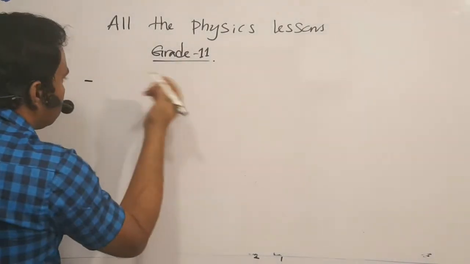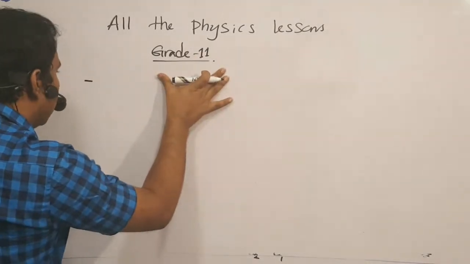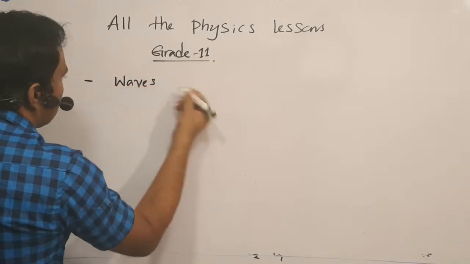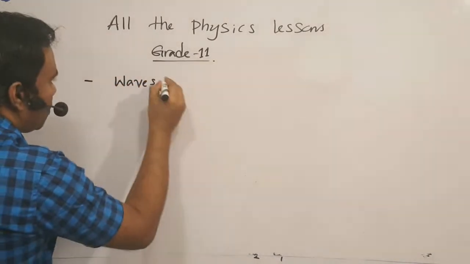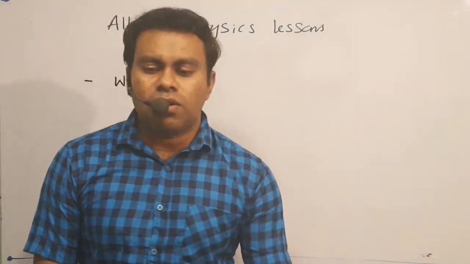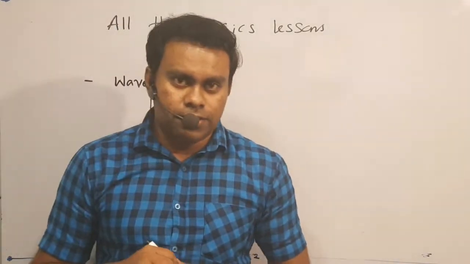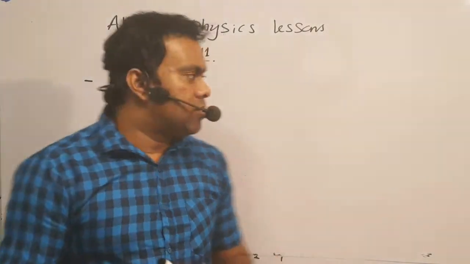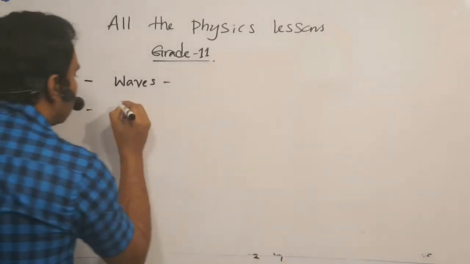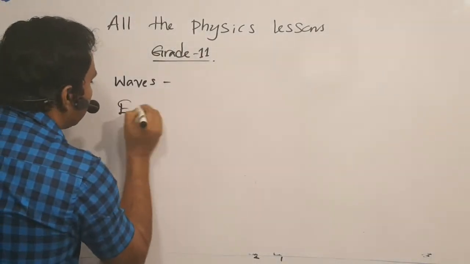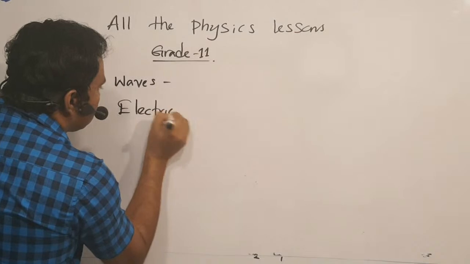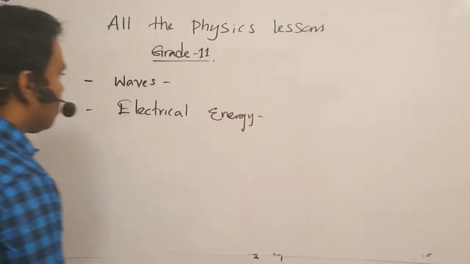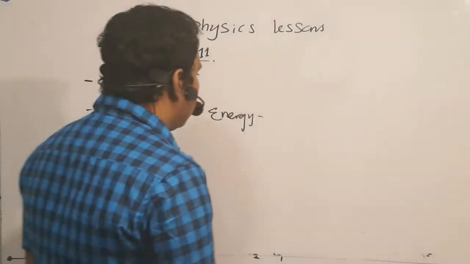The first grade 11 physics lesson is associated with waves. Okay, waves and oscillations, but in grade 10 we have already completed that electrics part. Therefore, I'll commence this from electrical energy, and associated with domestic electric circuits.